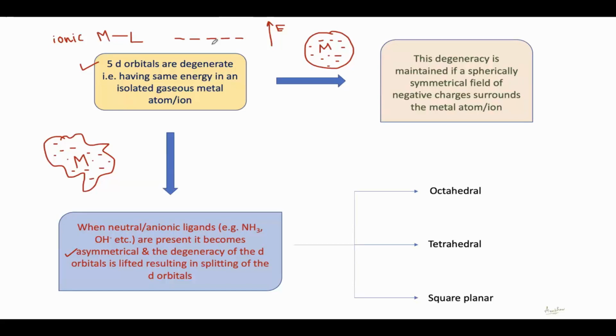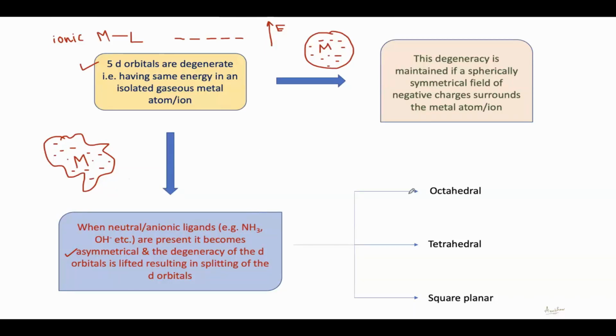The pattern of the splitting depends upon the nature of the crystal field that is provided by the ligand. Depending upon the nature of the ligand, the distortion in the spherical field will occur, and then the splitting of d orbitals will occur in different modes.